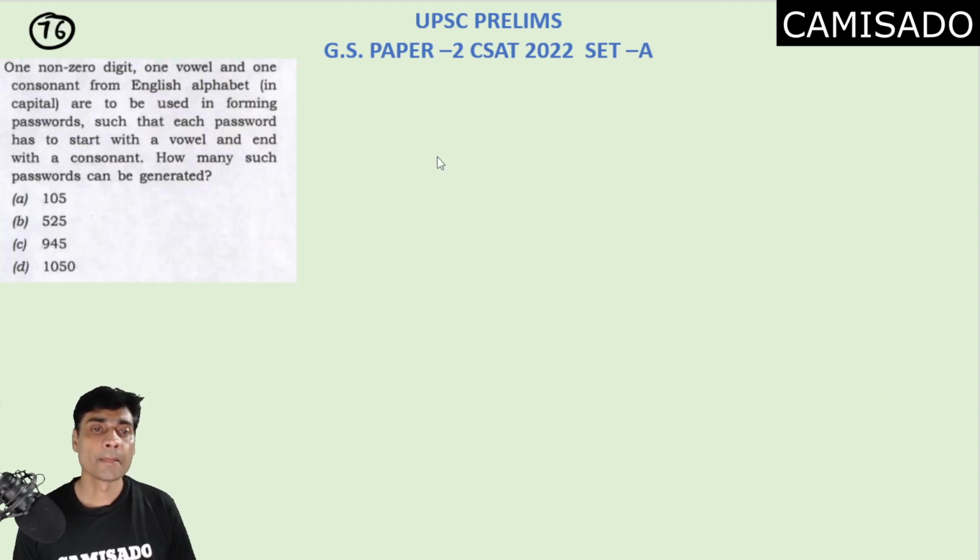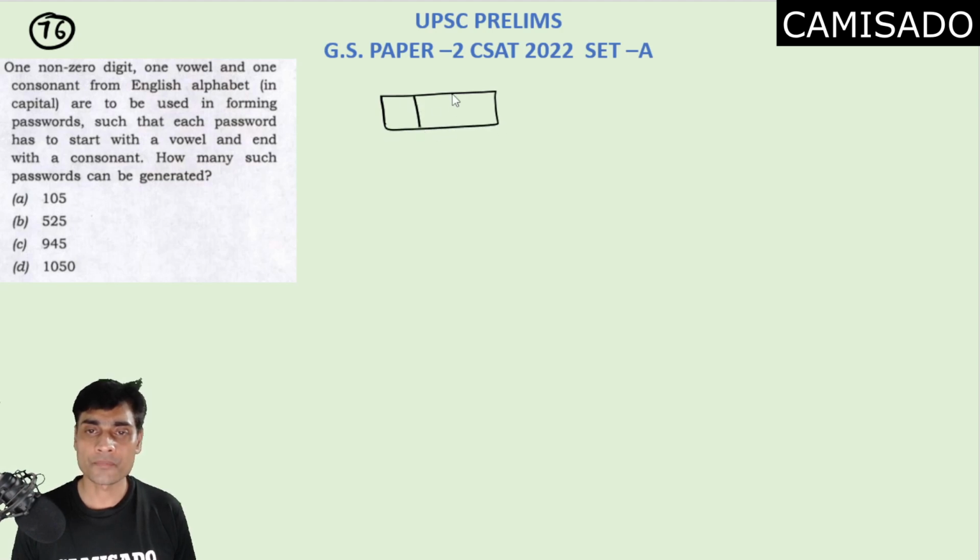Now next, one non-zero digit, one vowel and one consonant from the English alphabet are to be used in forming a password. So basically it is a 3-letter password, I think. Okay, so here is a vowel, here is a digit, and here is a consonant.